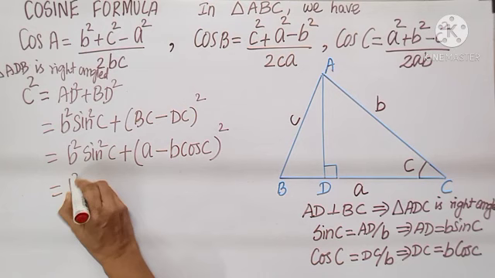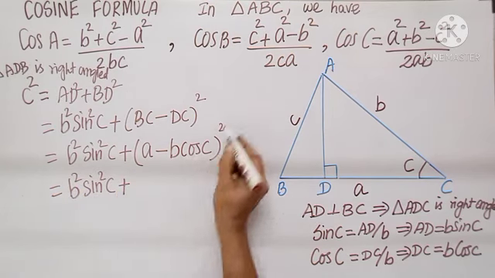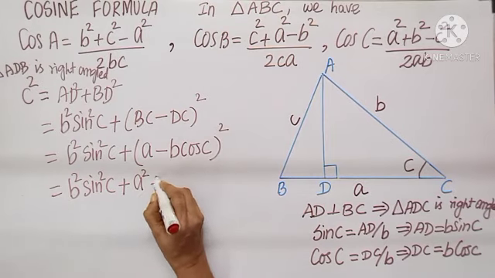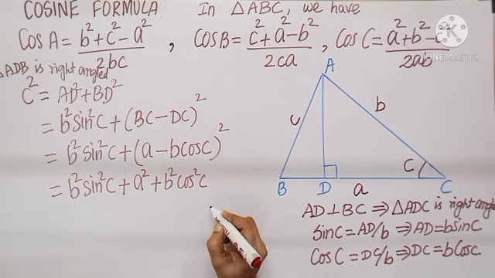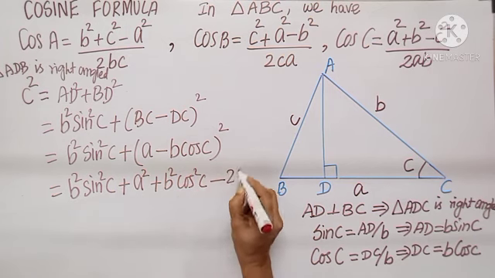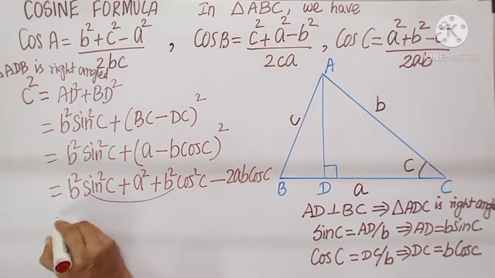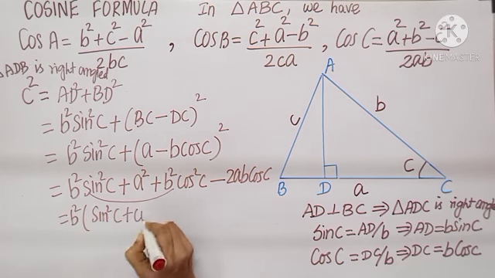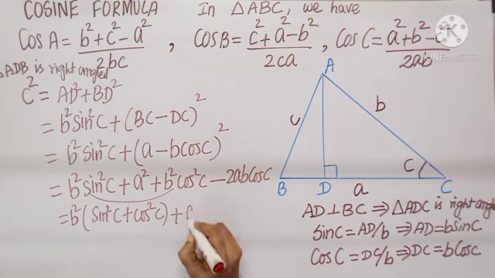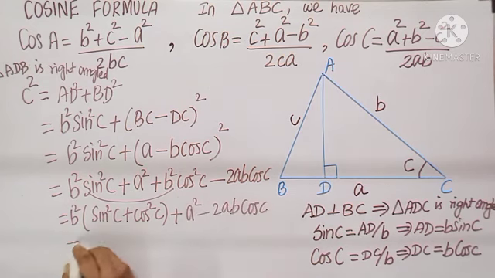Let us expand. b square sin square C plus (a minus b cos C) whole square expansion: a square plus b square cos square C minus 2ab cos C. Combining these, where b square is common, I can write sin square C plus cos square C, plus a square minus 2ab cos C. What is sin square C plus cos square C?